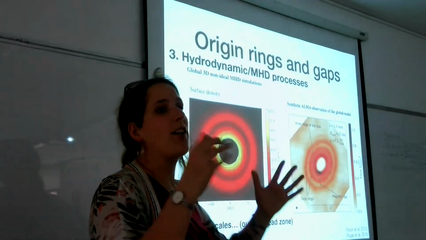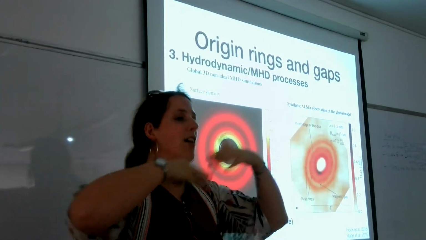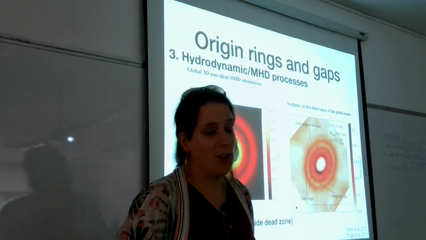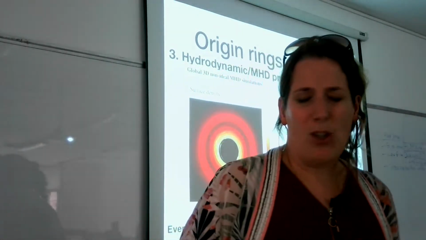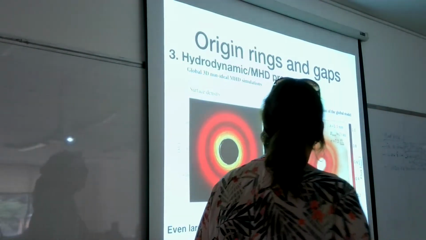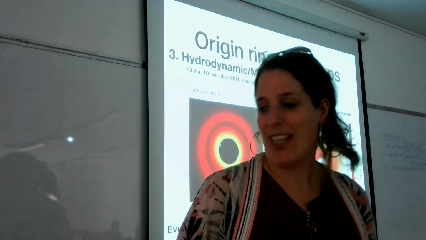So there you would have another transition between non-MRI active and MRI active, which would again lead to dust rings at larger orbital radii. Also, this one would be pretty hard. You would need to measure the ionization throughout the disk. It would be really hard to test.